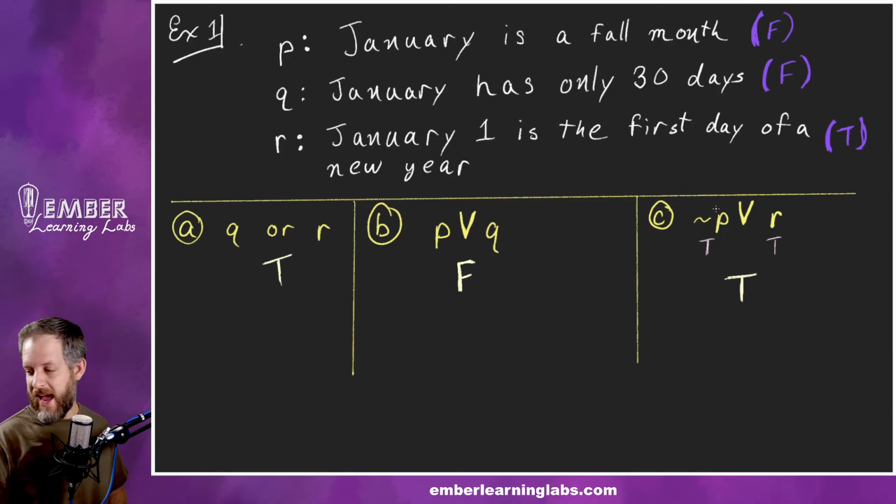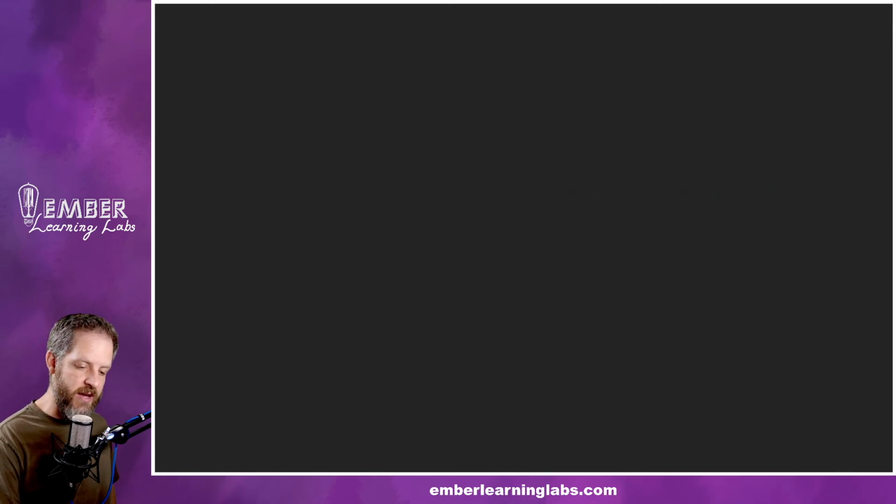So let's look at a more complicated truth table. This one is going to be more abstract. We're not going to have actual statements. So this is going to be example 2.